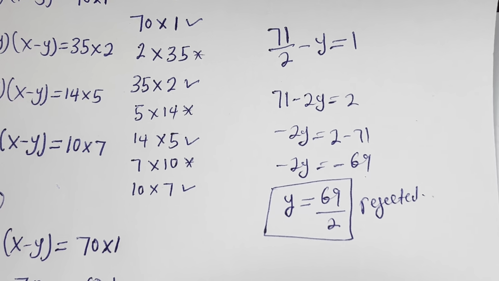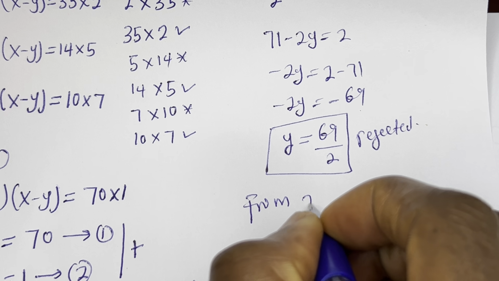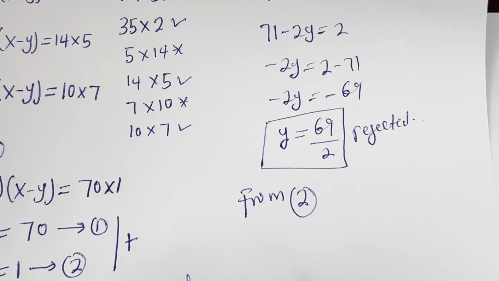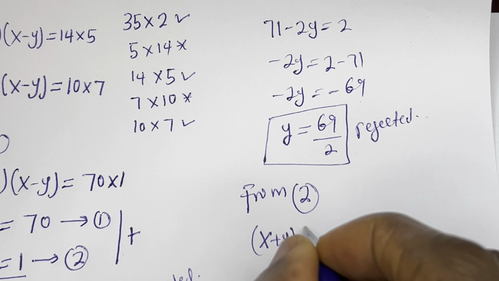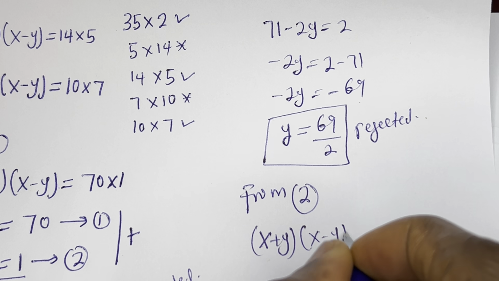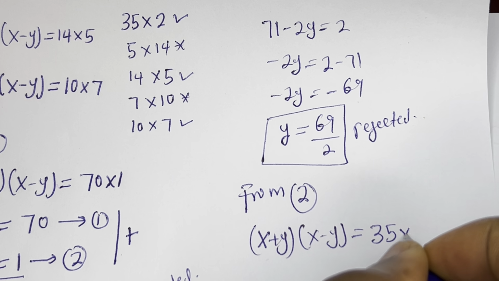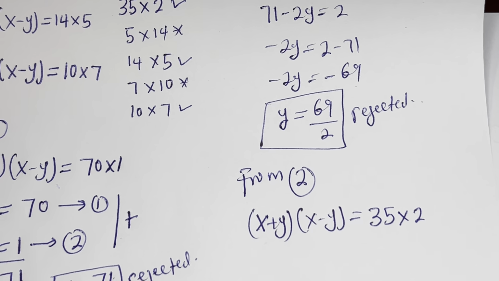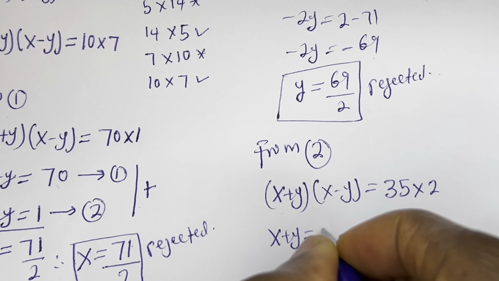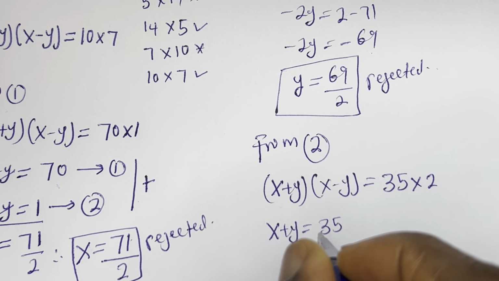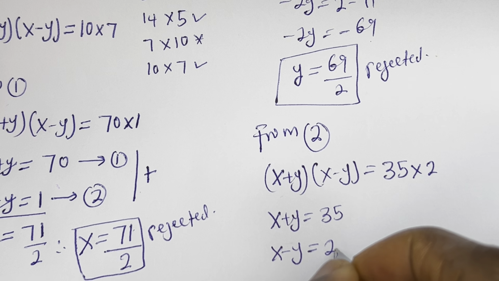Now let's consider the second case. From the second case, (x plus y)(x minus y) is equal to 35 multiplied by 2. Now x plus y is equal to 35, x minus y is equal to 2.